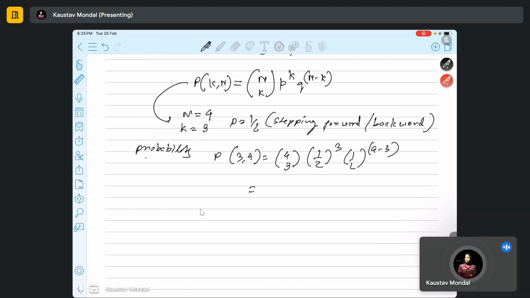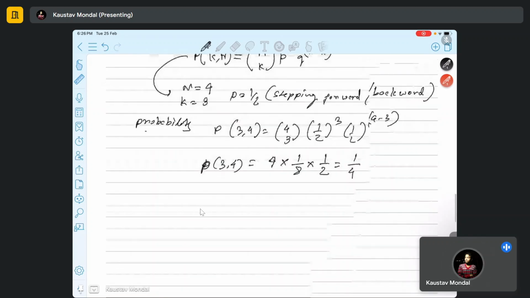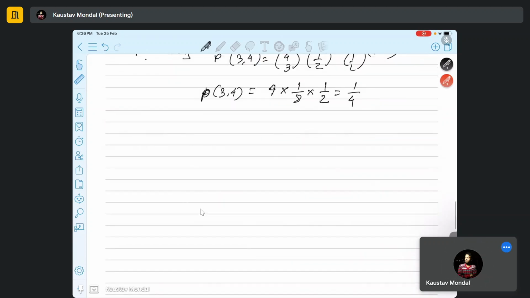This simply gives you 4 into 1 by 8 into half, so this gives you 1 by 4. So this would be the probability, 1 by 4, of moving 3 steps forward and 1 step backward.